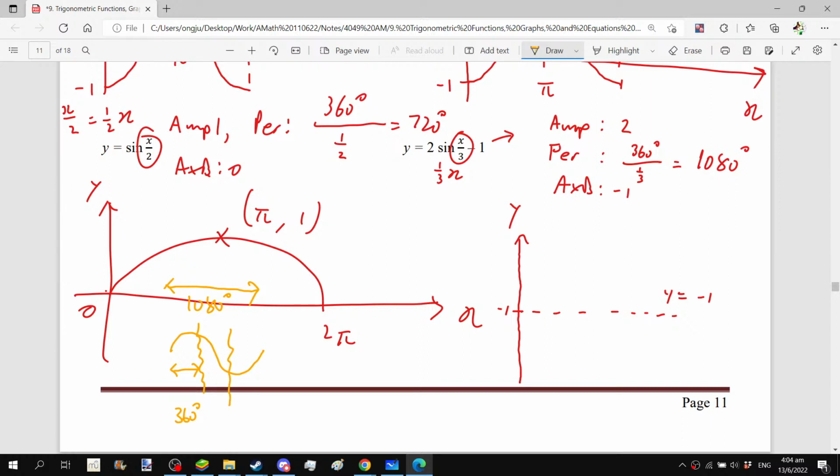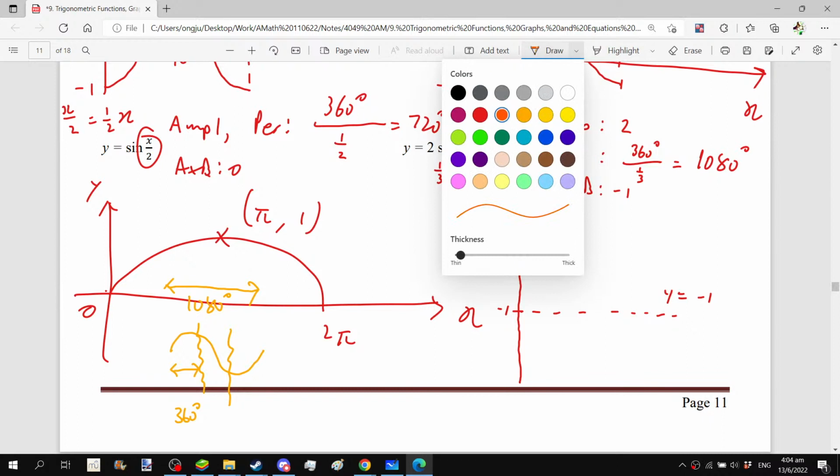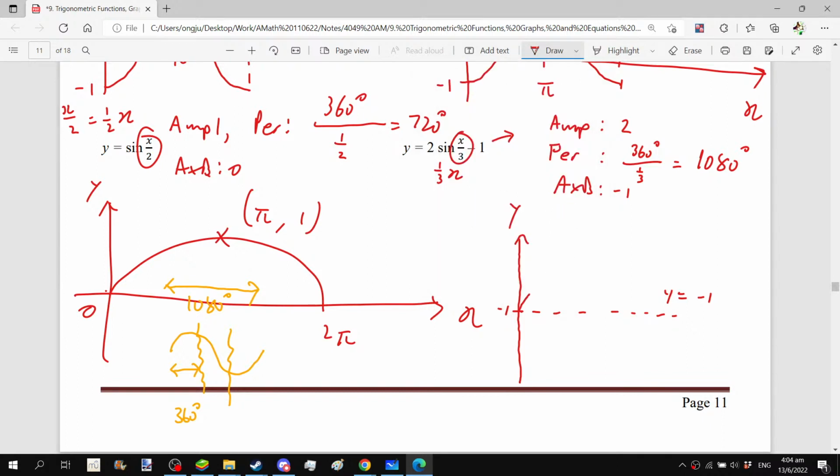Consequently, we expect our graph to look like the piece on the left. In other words, kind of like a frowning shape. So we'll go up to a maximum point and then we'll go down a little bit and we're done. That's as far as you go. The amplitude is 2, so you're going to go up here to positive 1.